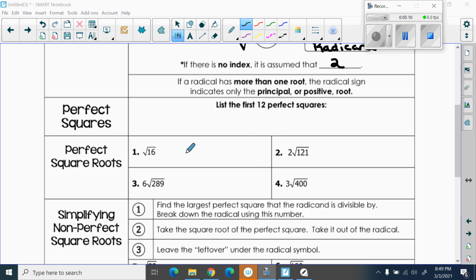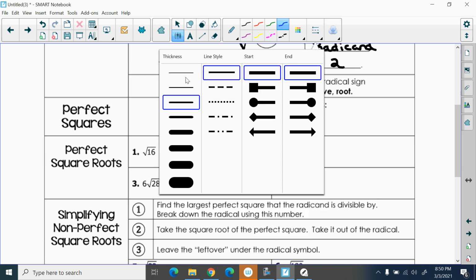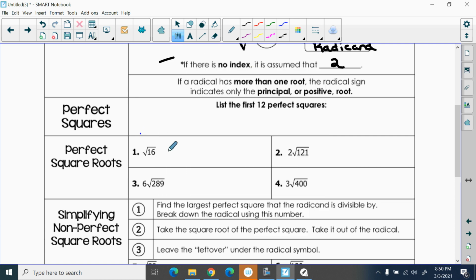So the square root of 16 is 4. Also be mindful that when you do any even root, there's usually a positive and negative root, so it's really plus or minus 4. When you get into Algebra 2, you'll be dealing with the positive and negative roots, but while we're in geometry, we're only dealing with the principal, or positive, square root.